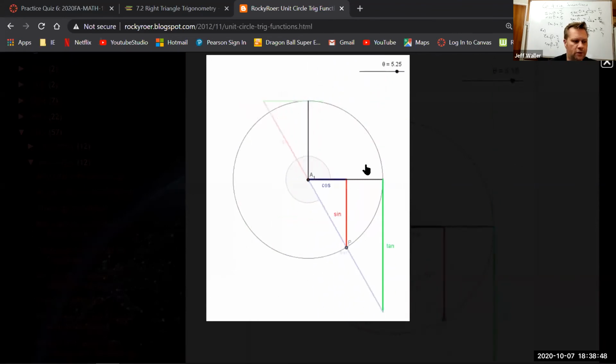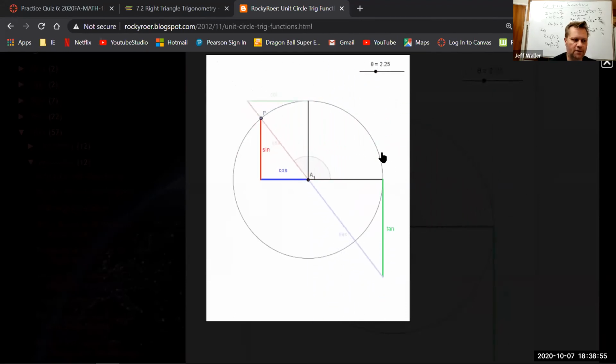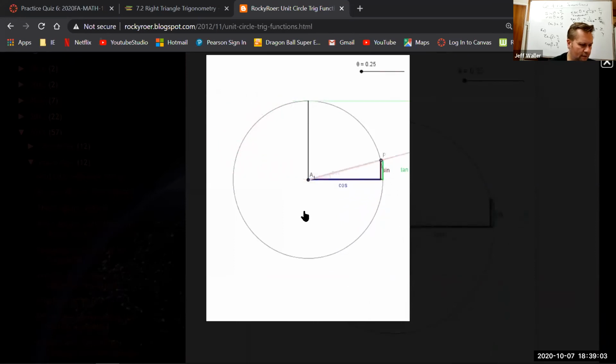So this is a visualization. This is another way to consider what tangent is as an actual physical measurement of a part of this unit circle. Sine and cosine sort of live inside, don't they? Tangent lives outside. Now notice, I wish you could see this better. There's cosecant and secant, but you really can't see them that well. I'm sorry.